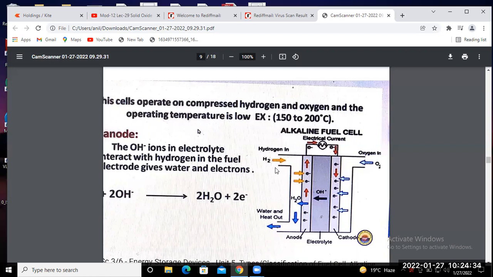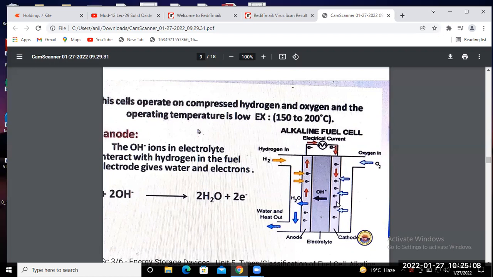So these are the cathode and anode terminals, and they are separated by the OH minus ion, that means H2O. The oxygen comes through this path, and you will find the cathode terminal at this point.